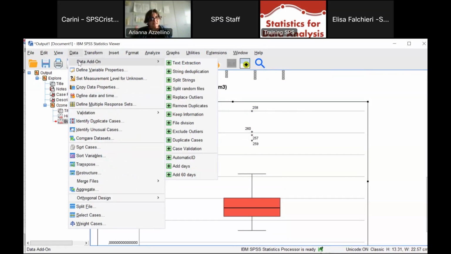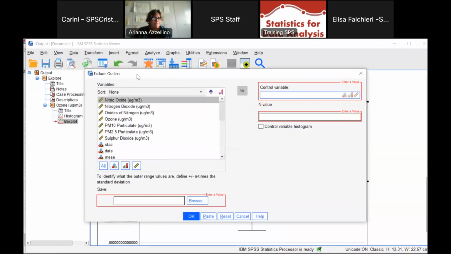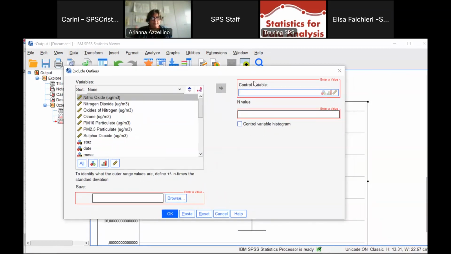As you can see, there is a specific menu that is added to the basic statistics for data analysis menu, showing the customized add-ons which are available for user convenience. So in my case, I will use this exclude outlier add-on.